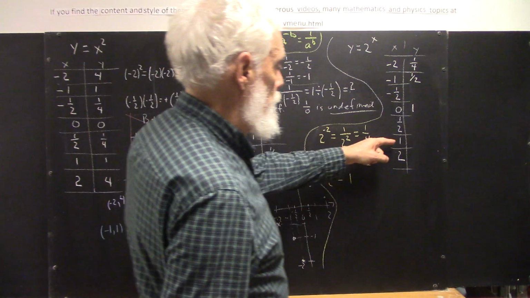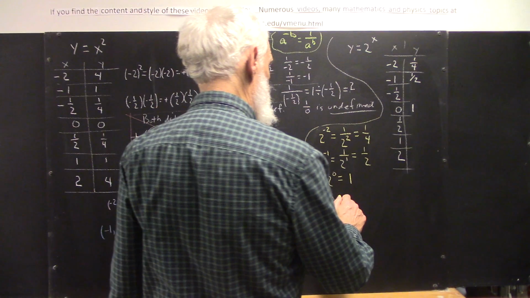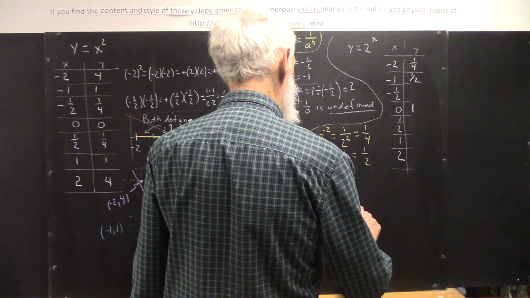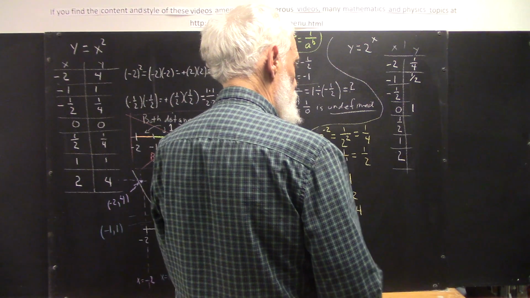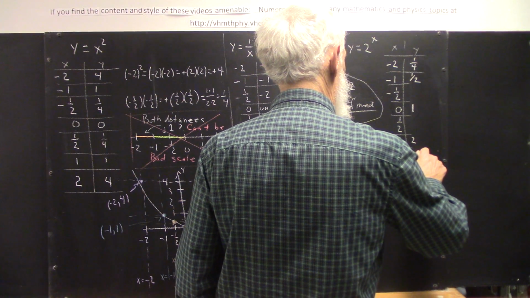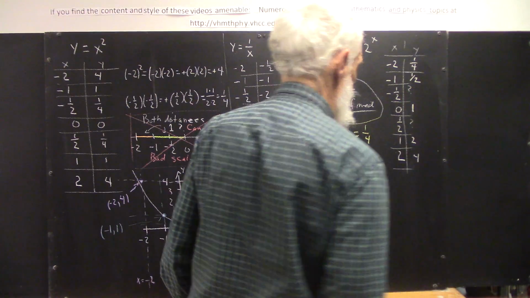Then, if x is 1, 2 to the 1 is just 2. And if x is 2, 2 squared is 4. So we're going to get 2 here, 4 here. I'll leave question marks here.